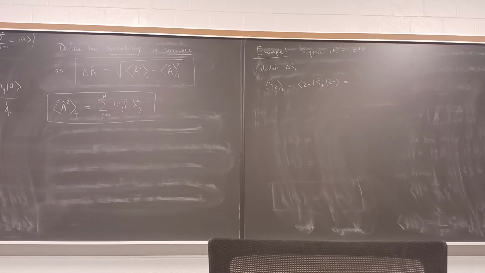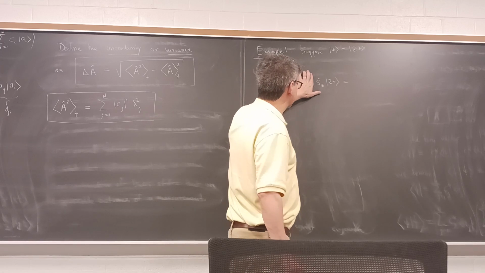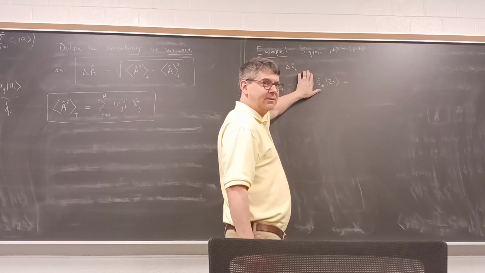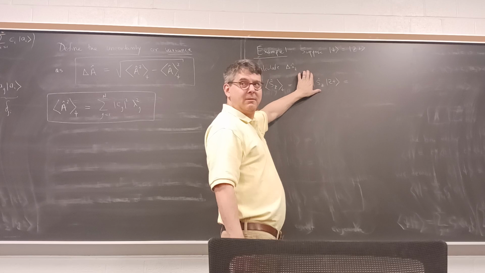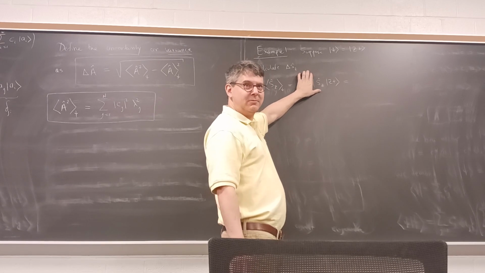Remember, just think physically. Forget about the left-hand side, the bra vector. What is SZ on Z plus? A positive h bar over 2? Right, it's h bar over 2.